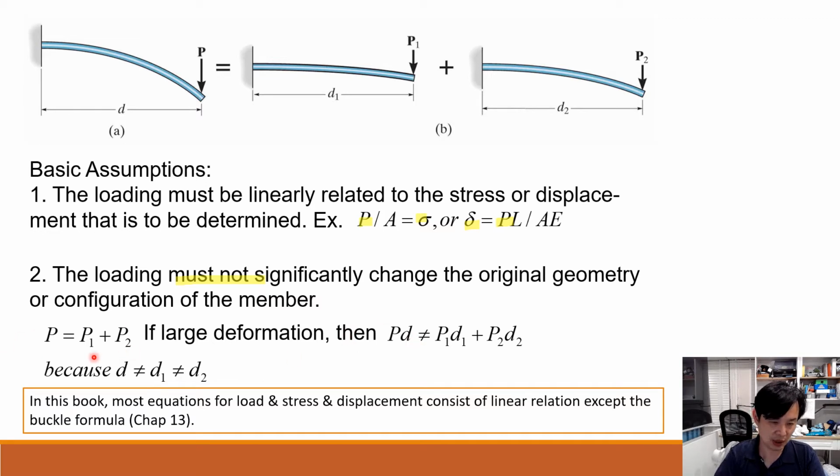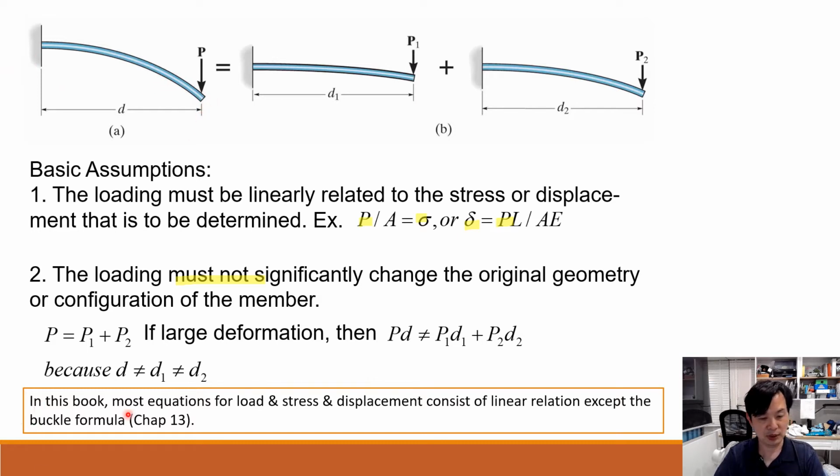But your force is the summation, P1 plus P2 equal to P. So in this case, the force equilibrium can be satisfied, but the moment cannot. Then you can imagine, in this case, the stress plus this stress won't be the same as this stress. Deformation has the same problem.